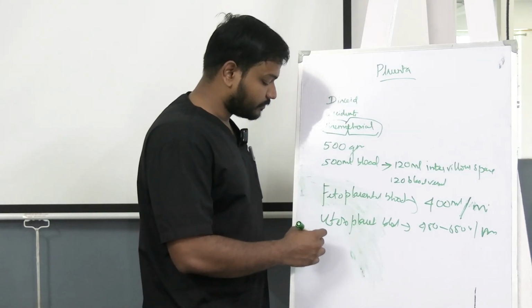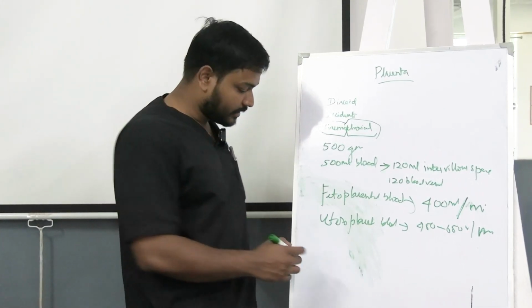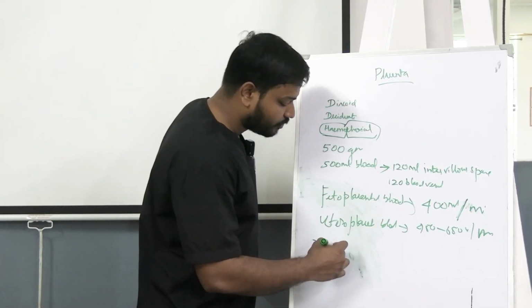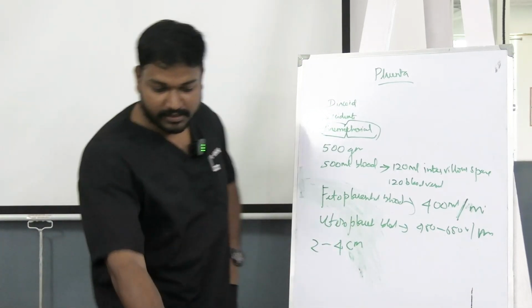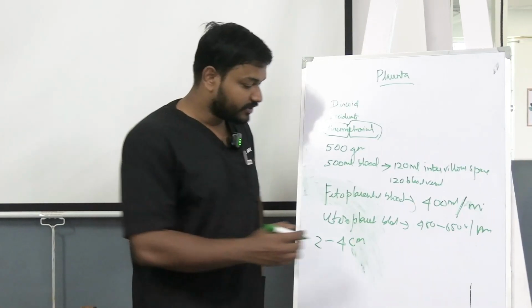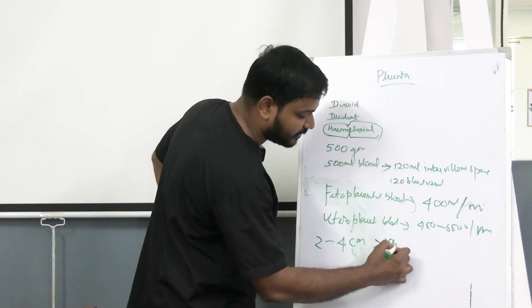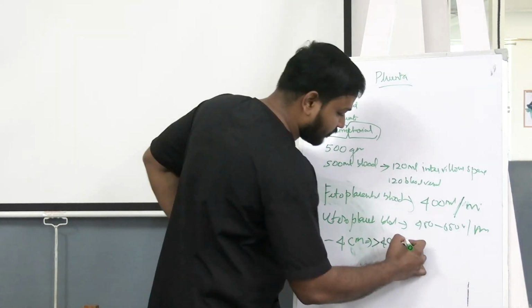The normal thickness of the placenta is 2 to 4 centimeter. If the thickness is more than 4 centimeter, what do we call it? We call it placentomegaly. Very good.